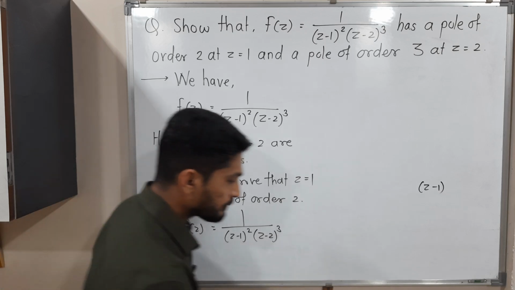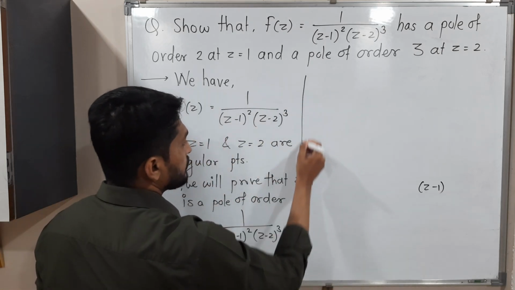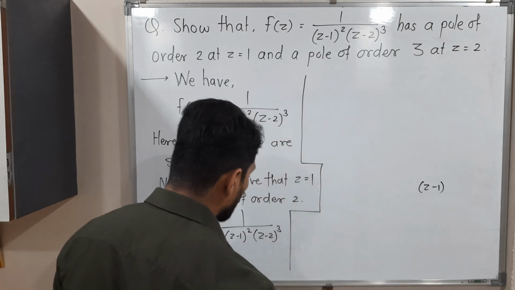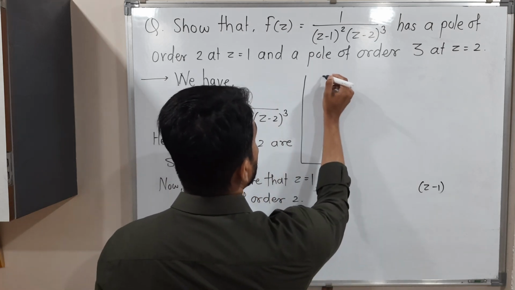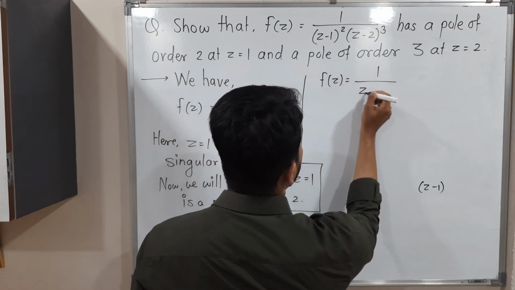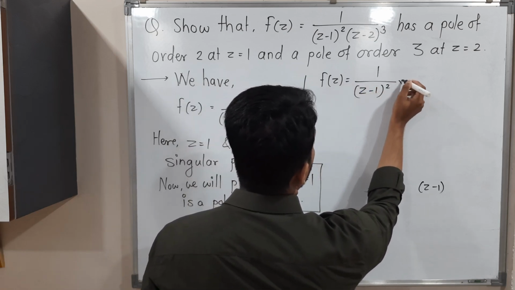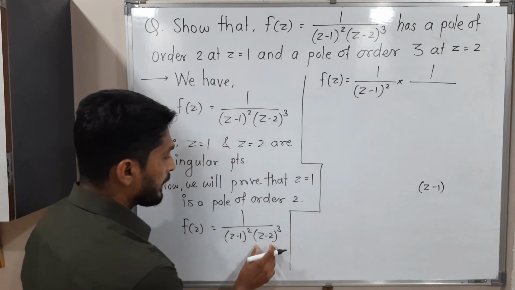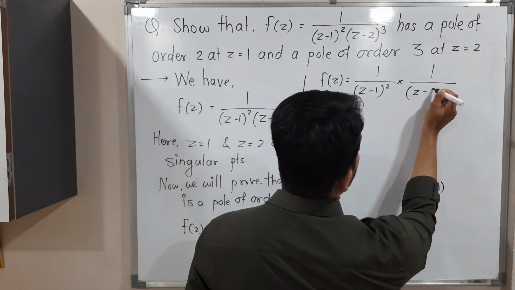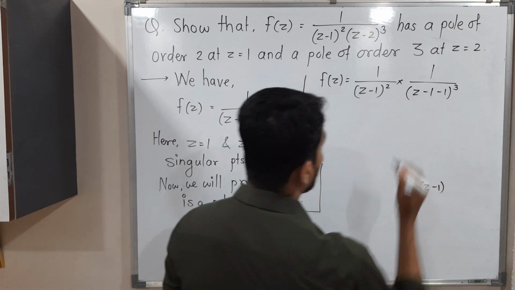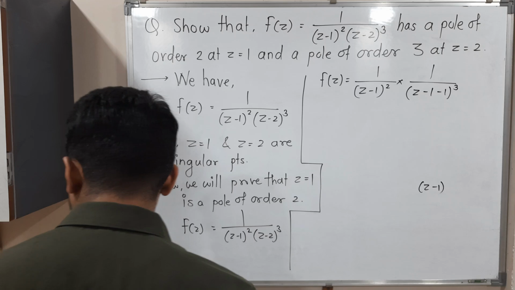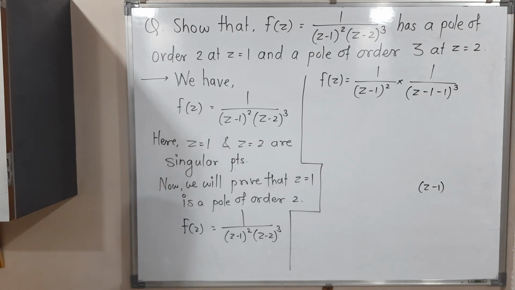So let us do that. f of z is equal to 1 upon (z minus 1) square into this bracket, where we want z minus 1. That's why I am expressing it as (z minus 1 minus 1) cube. You know that minus 2 means minus 1 minus 1, so we want minus 1; that's why I express it in that way.